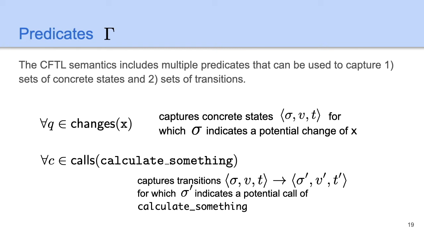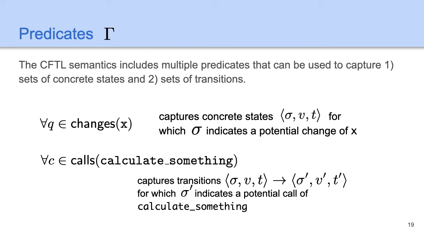Now we say formally that a concrete state changes a variable, in this case x, if the symbolic state with which it's associated indicated a potential change of x. And using this definition, the predicate changes x would capture all such concrete states and bind each one individually to the variable q, so that it can be used in the innermost quantifier-free part of the formula.